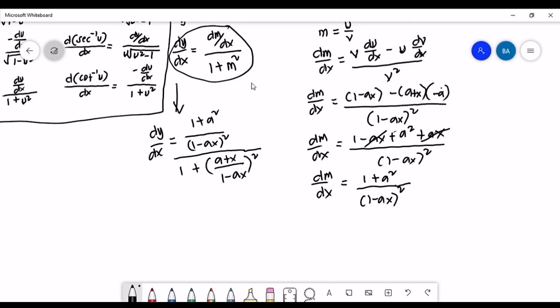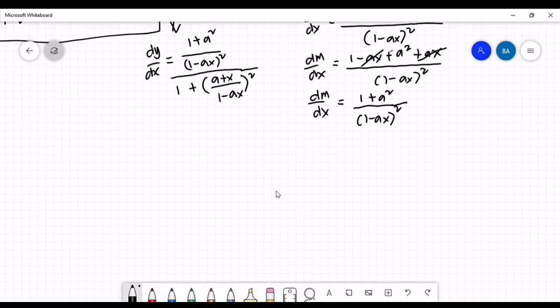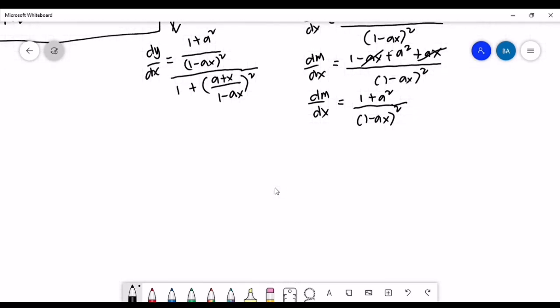It's a long discussion. Let's try to simplify. Okay, so let's go there. So dy/dx is equal to, let's find the LCD in the denominator.